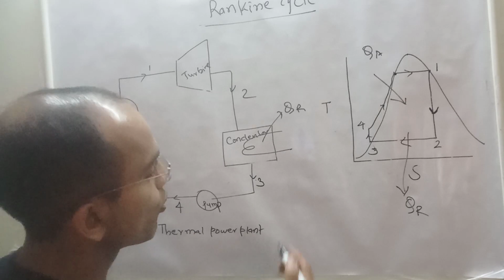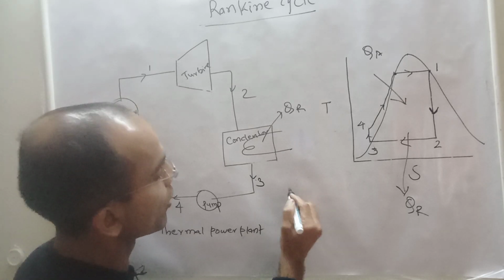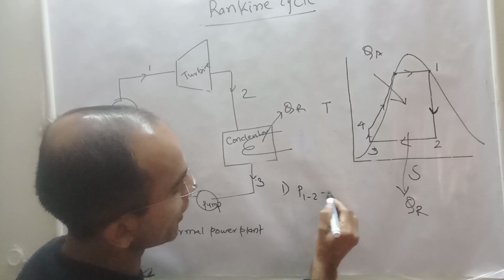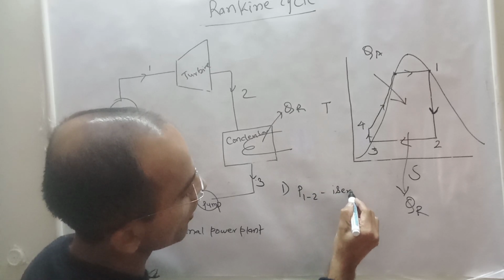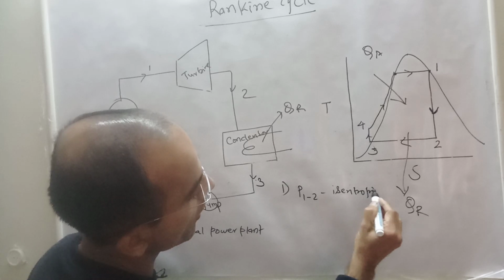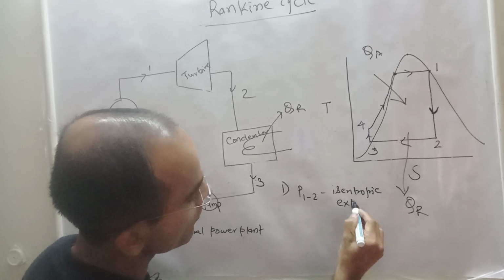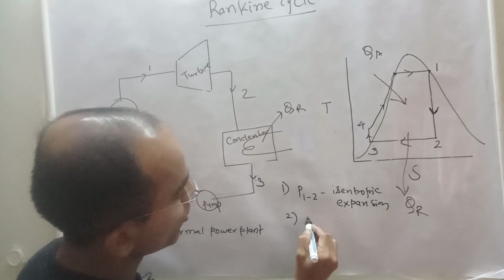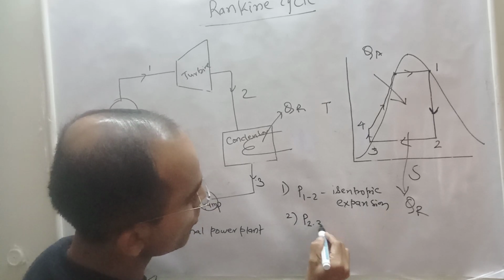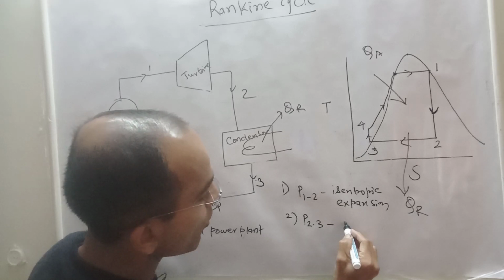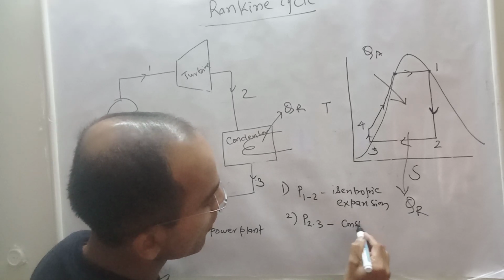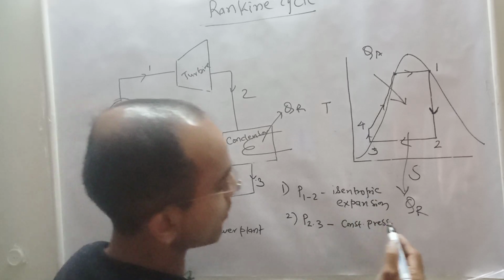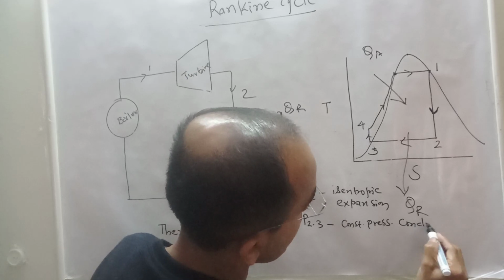So there are four processes that you have to notice. Process 1 to 2 is isentropic expansion. Then process 2 to 3 is constant pressure condensation.